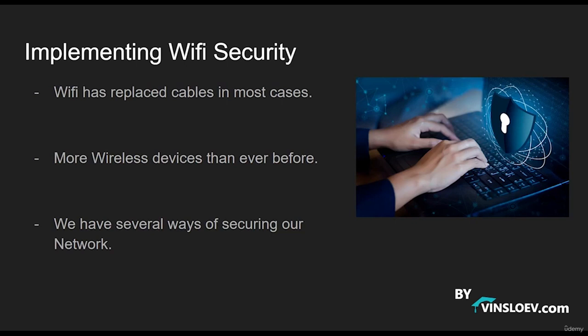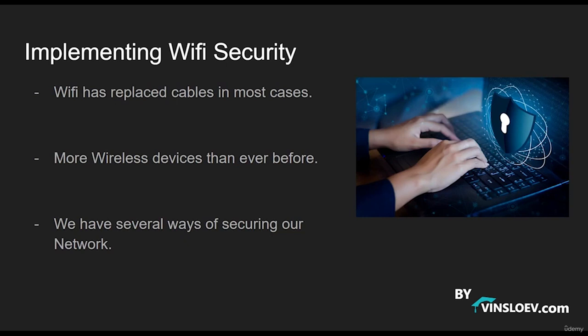But now, as mobile devices and Internet of Things are getting more and more popular, we are seeing that Wi-Fi is basically replacing all the wired installations that we have, and most computers are also now being switched over to laptops, meaning that they will most likely also run on wireless. Of course, there are still stationary computers which use cables, but well, you get the point.